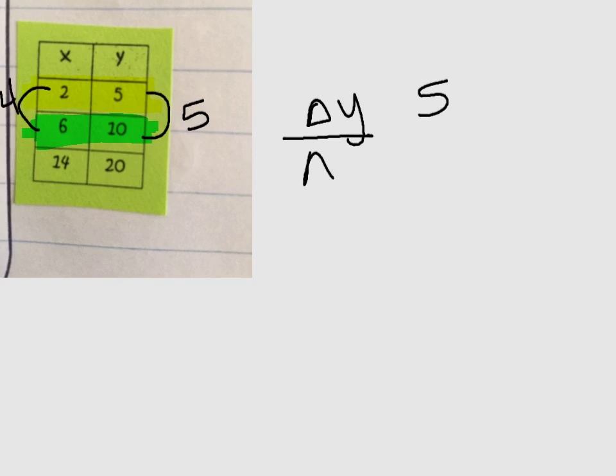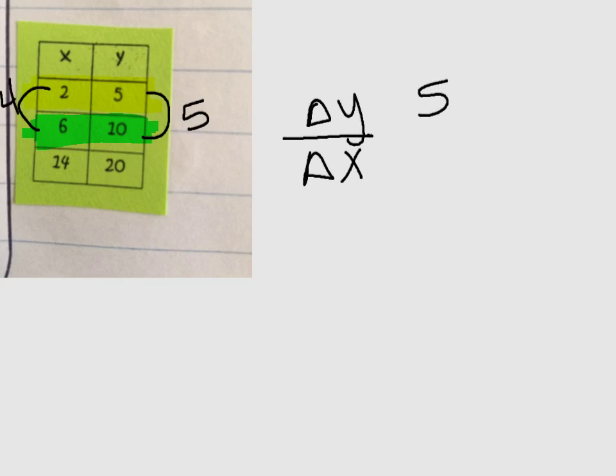Here's the next one. y2, y1, my second ones. You always subtract the second one first. Okay, so what's 10 minus 5? 5. 6 minus 2, 4. So change in y is 5.